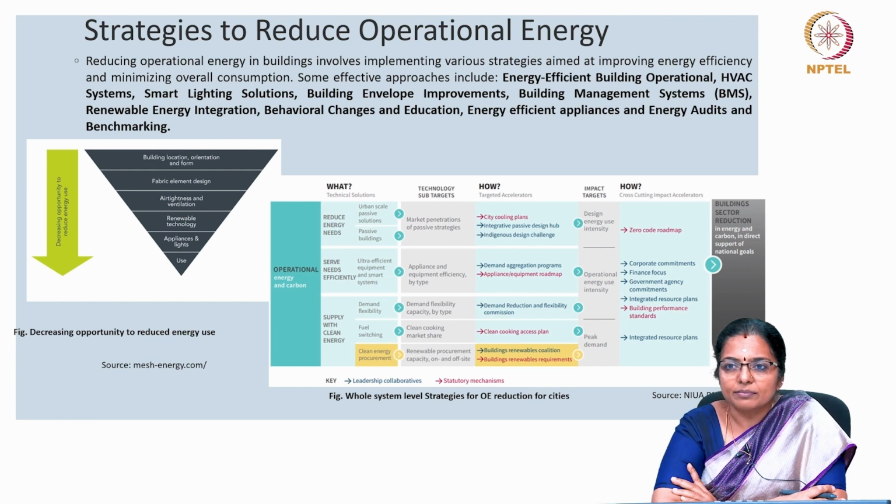In this class, I am going to touch upon a few of these aspects and carry forward this same class next time. So, we will continue this next class. For now, I will just give a small introduction about the strategies to reduce operational energy.